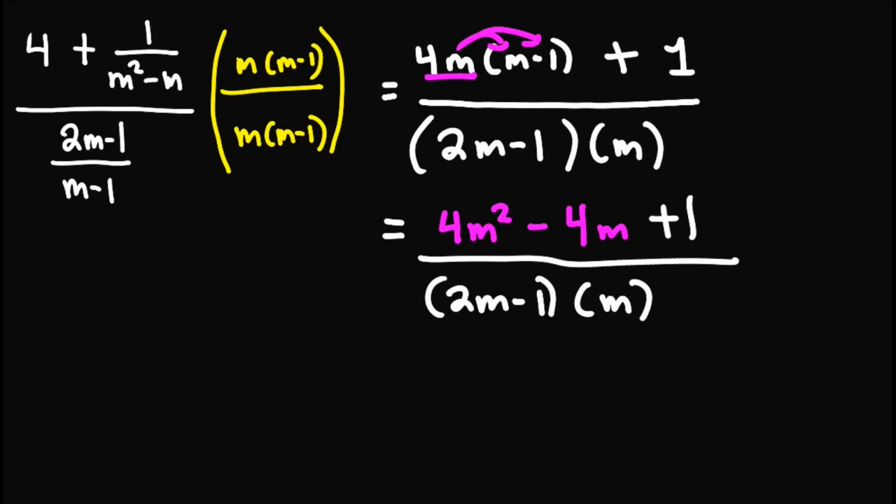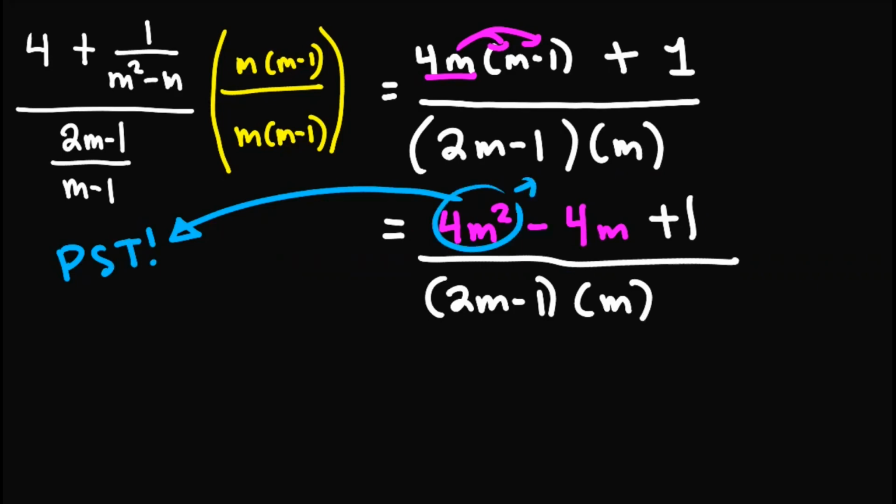Now from here, what can you observe in this numerator? Well, observe that this one is actually a perfect square trinomial. Indeed, the first term is a square, since we can write this one as 2 squared times m squared, and the last term is 1, or simply 1 squared.